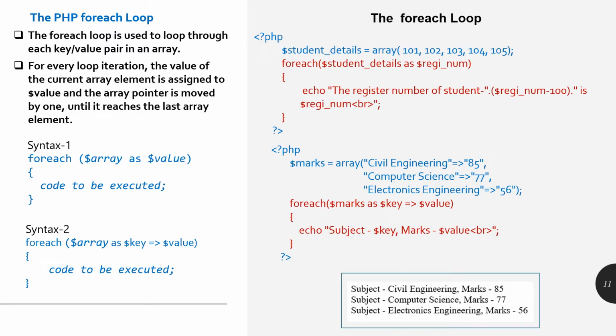Now we are going to discuss the foreach loop. As far as array handling in PHP is concerned, the foreach loop is very important. It is used to loop through each key value pair in an array.